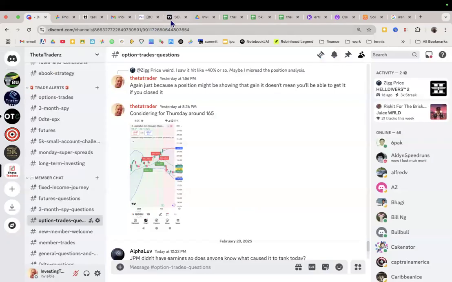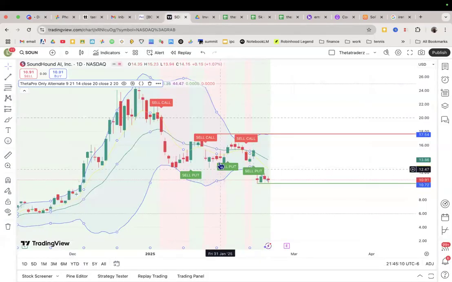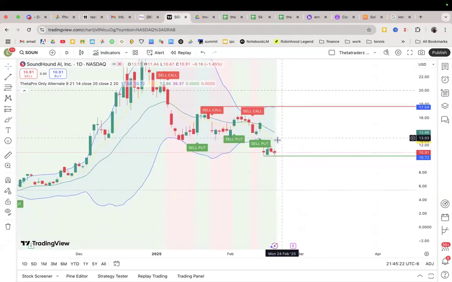It's mostly an EMA, and the EMAs are the green and yellow lines. The bands will help stop any conflicting ones. Like if it says sell put right now in SOUN, and we're below this blue Bollinger Band, it won't flip the alert essentially.